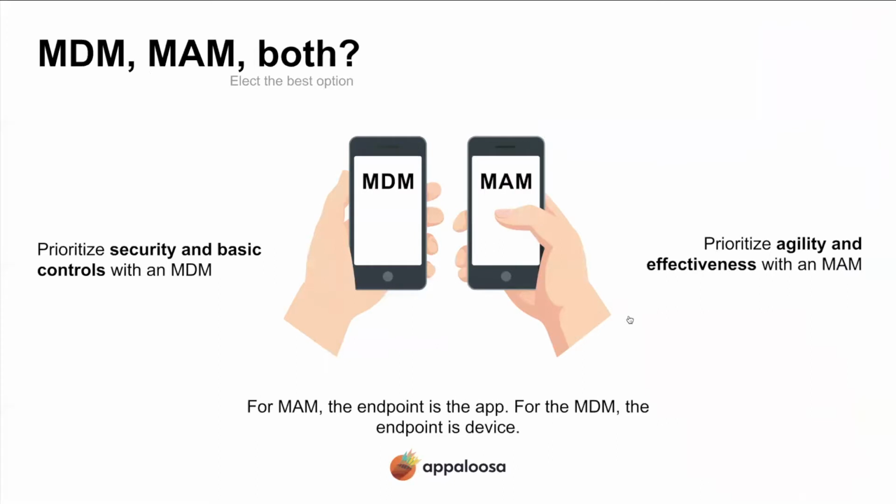Now I've said a bit earlier that some solutions do MDM, some solutions do MAM, some solutions do both. So why not choose the one that does the two types and just roll out with this? Actually, it has not been proven right to use one solution for both.